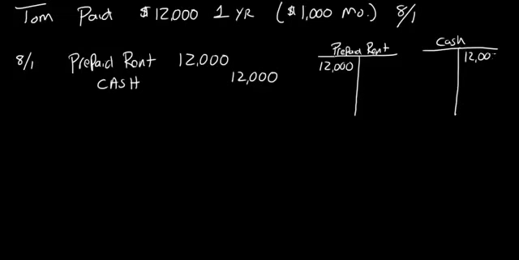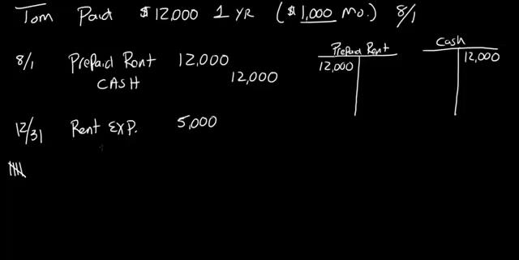12,000. Okay, and then at December 31st, how many months have passed? Well, if this was August 1st, we would say August, September, October, November, December. 5 months have passed, and he's paying $1,000 a month. So we would record rent expense of $5,000, and that's a debit, and we would credit prepaid rent for $5,000.